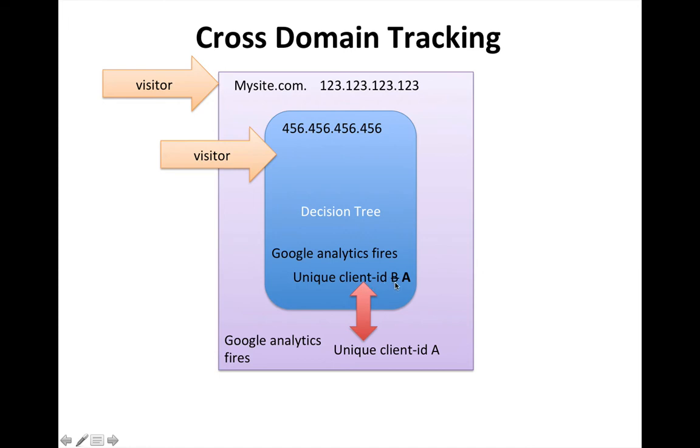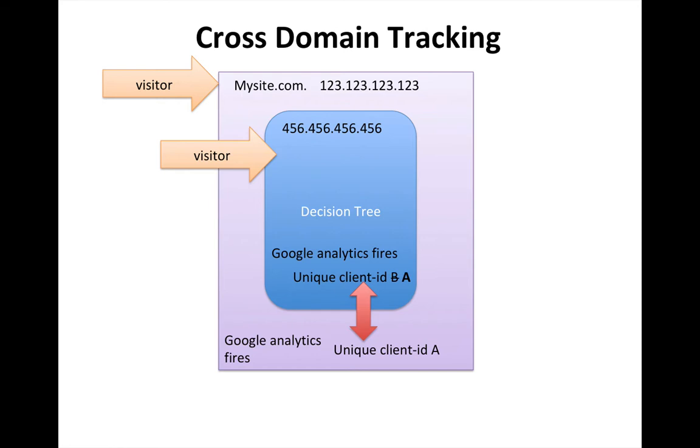And when it does that, it's going to issue its own unique client ID, and let's just call it unique client ID B. And unfortunately, now what's going to happen is that the referrer for this decision tree will look like the underlying page. And I guess technically that is correct, but that's kind of useless information. Obviously, we know the referrer for the decision tree is going to be the underlying page because that's where it's sitting.